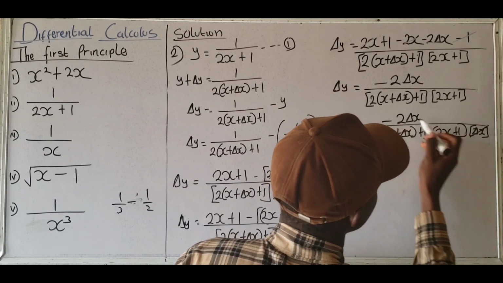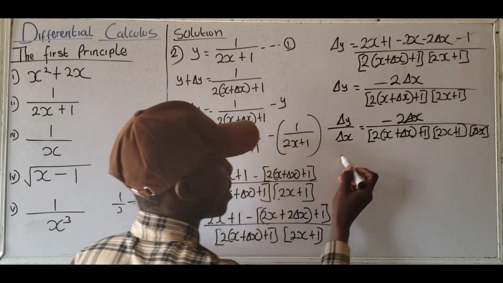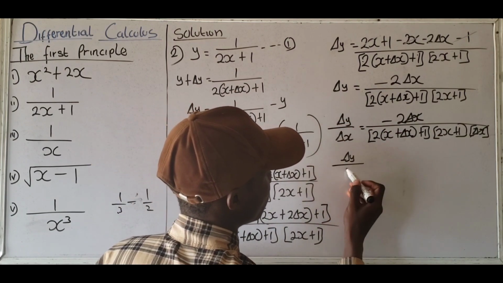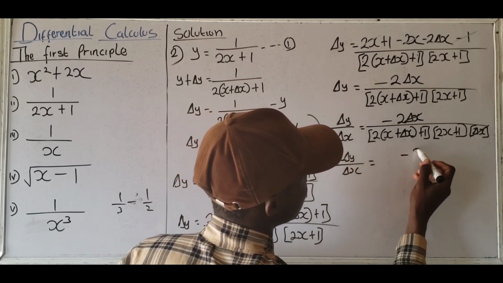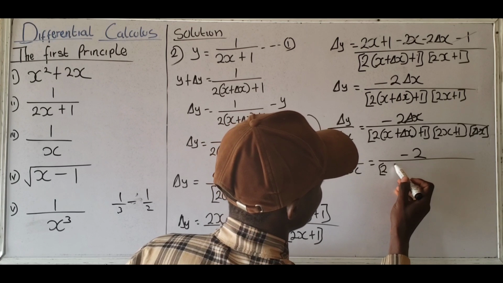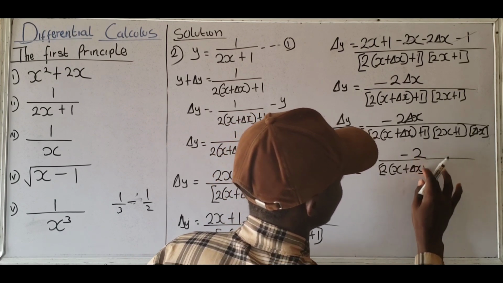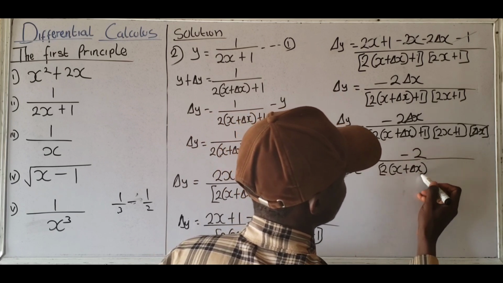This delta x will cancel this delta x, so we are left with negative 2 as the numerator. So I'm going to have delta y all over delta x is equal to negative 2 all over 2x plus delta x, okay, now add the 1.